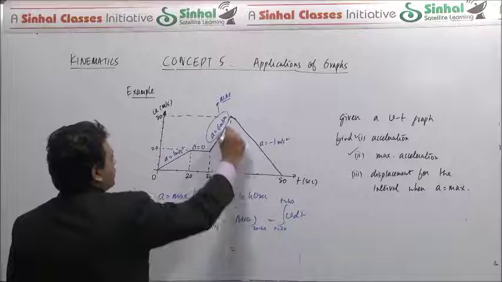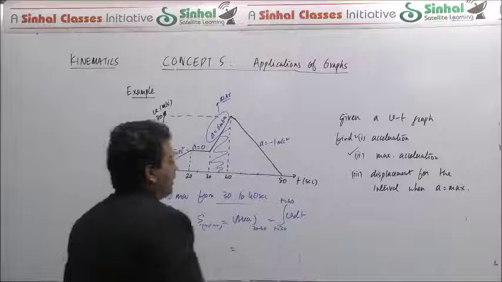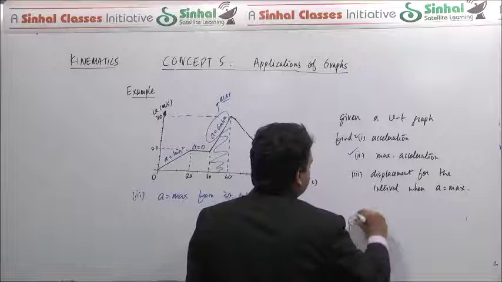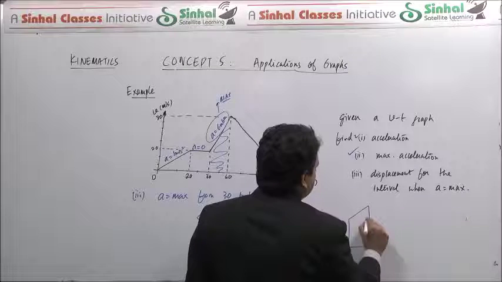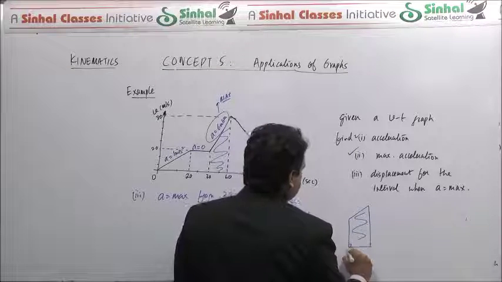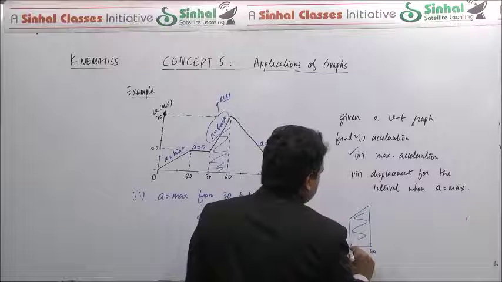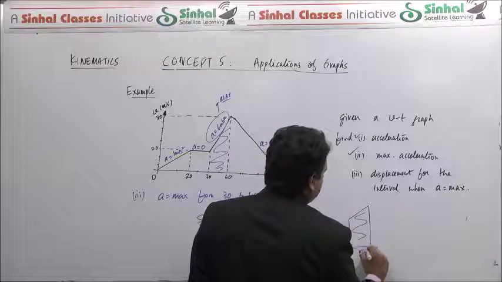So that is this area over here. So that area we can calculate by the formula of area of a trapezium. So if you look at that trapezium separately, that area, see this is 30, 40. So this is a 10-second interval.